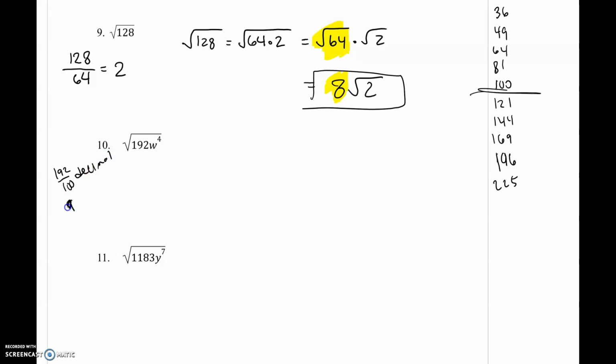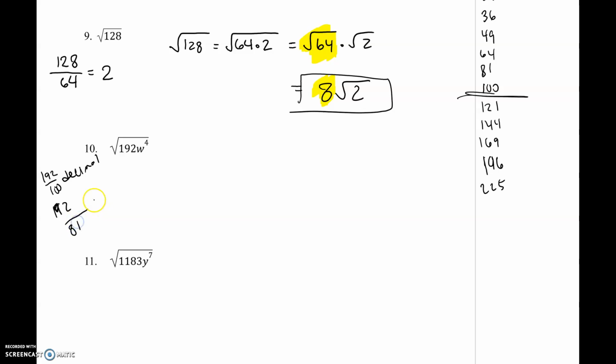If I do 192 divided by 81, you get a decimal. If you do 192 divided by 64 with your calculator, or again, if you're trying in your head, you will see that it is equal to 3. And that's what we're looking for, a perfect square that divides that. So with the 192 part, we can rewrite it as 64 times 3.